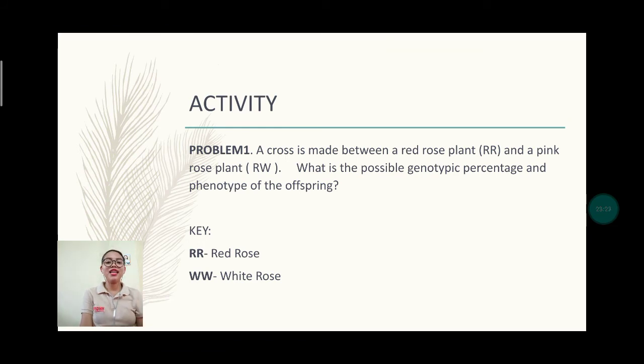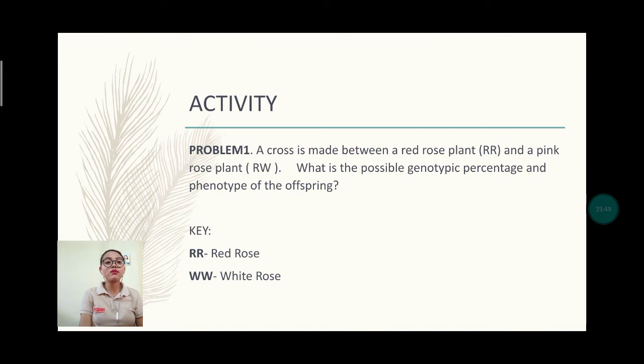Okay, let's try a certain activity using what we learned from the 3 concepts presented. Given problem 1, a cross is made between a red rose plant and a pink rose plant.